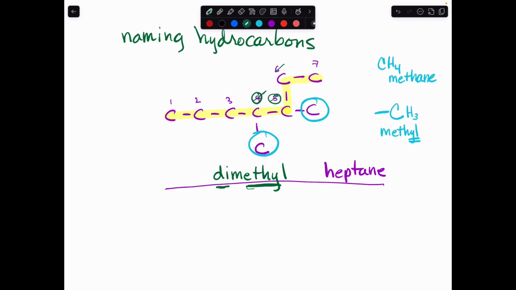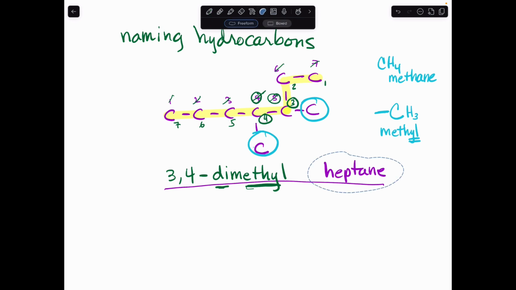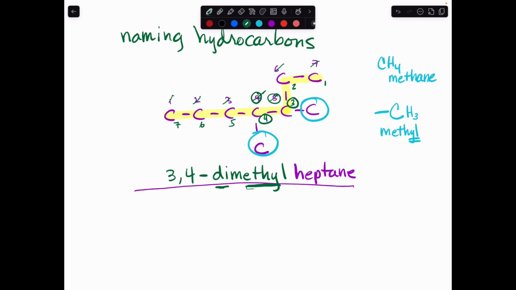But if instead I number it the other direction, so 1, 2, 3, 4, 5, 6, 7, I still see my 7 in a row, but now it's a 3 and a 4. So it's 3,4-dimethyl heptane. That is the name of this compound.